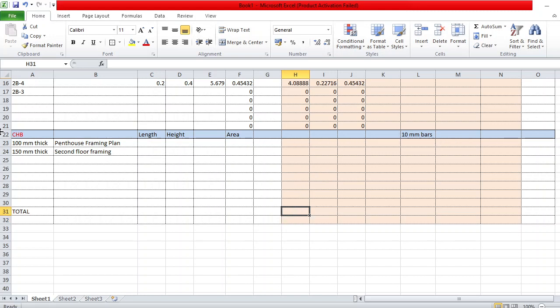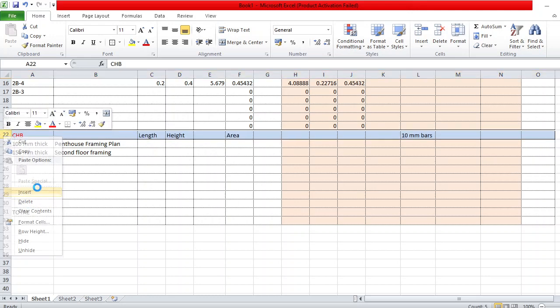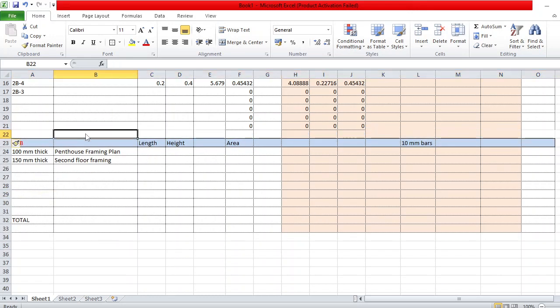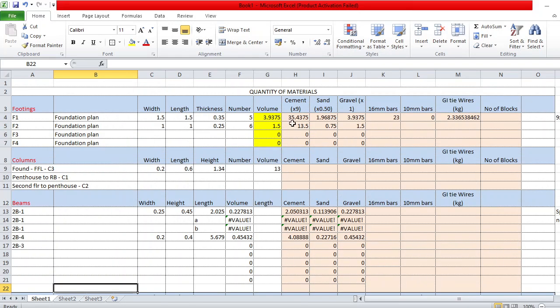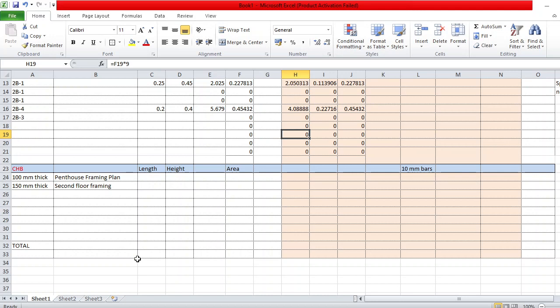You may insert a subtotal somewhere here. If you want, this will be your subtotal for all the materials, or you can simply add everything up. I hope you can follow how the table is made. And before I forget, you have here your CHB, so you also need to estimate the cement and the sand needed.